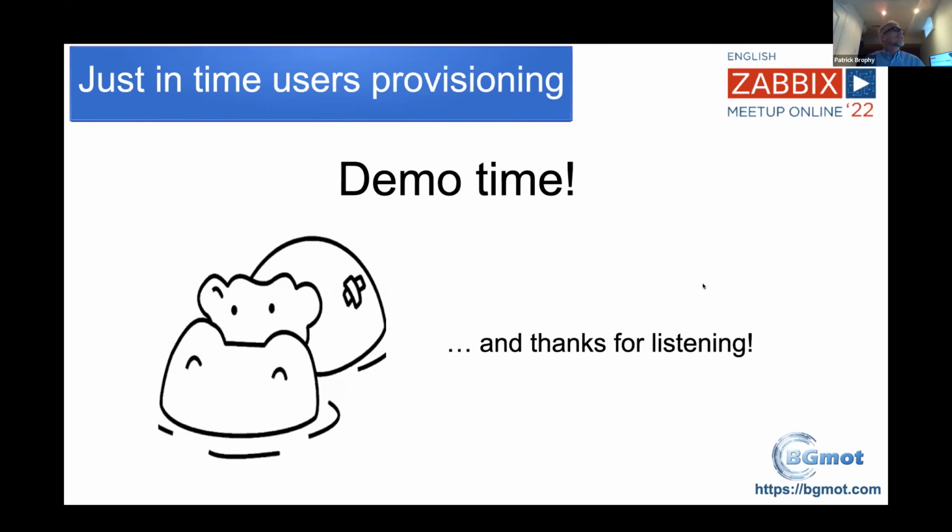Let's get to the next question. This feature can run only against one LDAP server. What about if I would like to run against multiple LDAP servers or multiple tenants? You need to come up with a design for that, because you can use multiple LDAP servers for pre-configured users that are already in the Zabbix database.